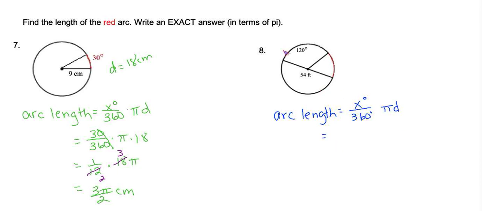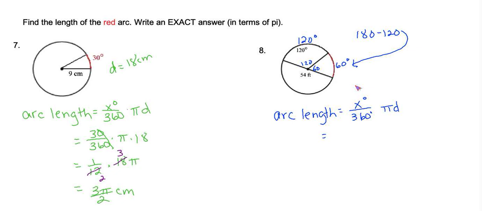Well, if this one is 120, then this one's going to be 60. Notice that together they make a semicircle, just like these two angles form a linear pair. It's the same thing. So for this one, that's 180 minus 120. That's how we get this 60 right here.